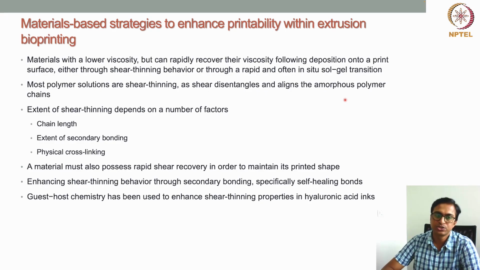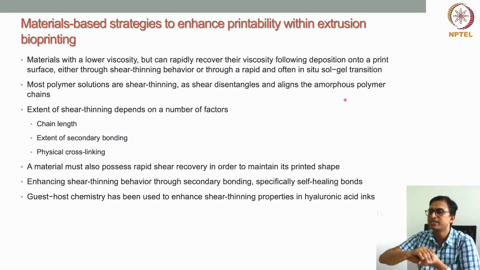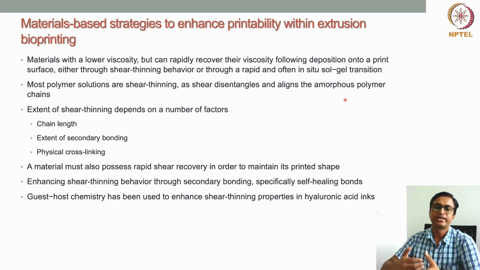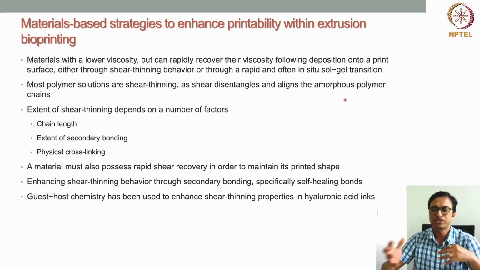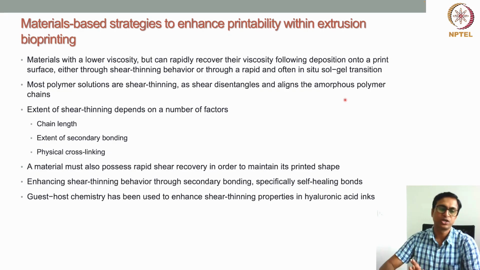That also leads to high shear thinning, because the shear force can disrupt that secondary bonding and decrease the viscosity of the material. Similarly, physical cross-linking is another factor. If the material has some kind of physical interaction between the chains, that can also decide the high shear thinning property, and with the shear force that interaction can be disrupted and the material can get extruded through the nozzle.